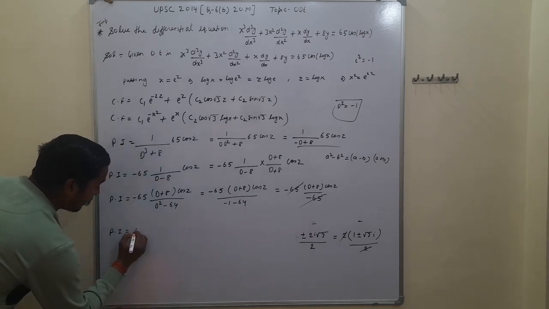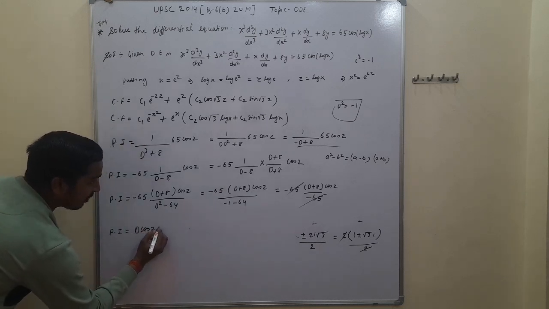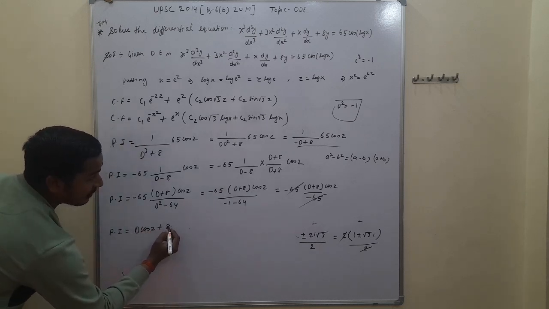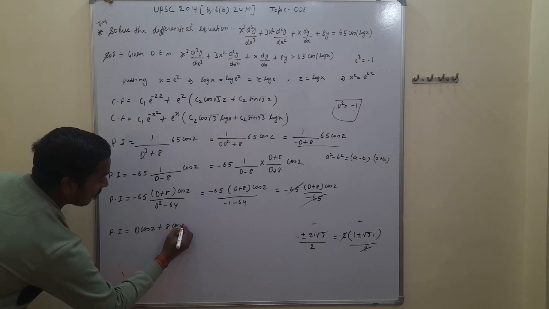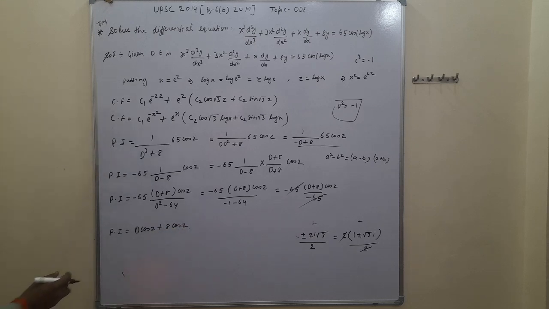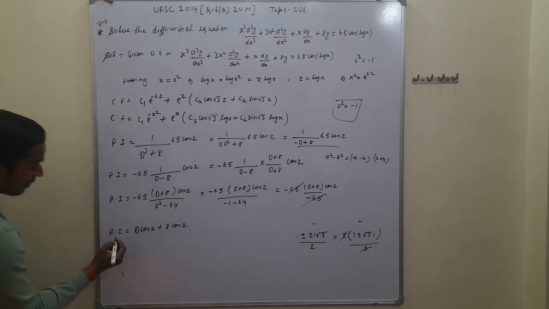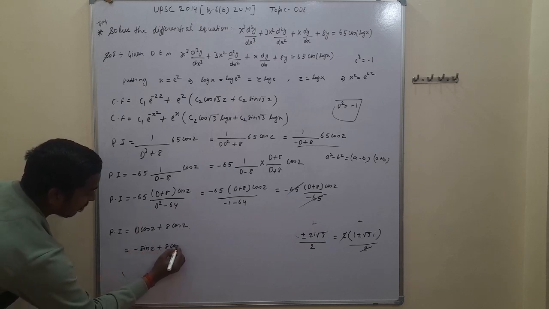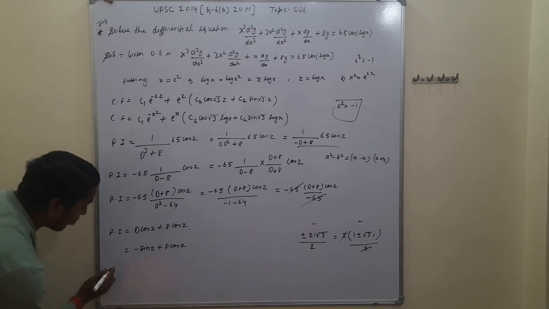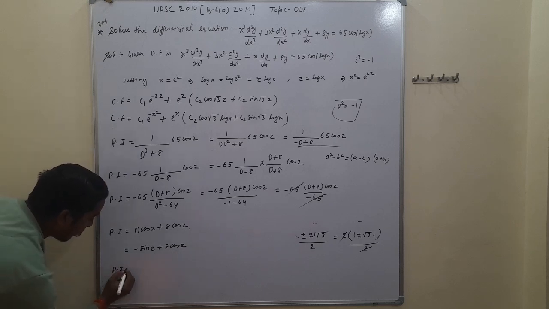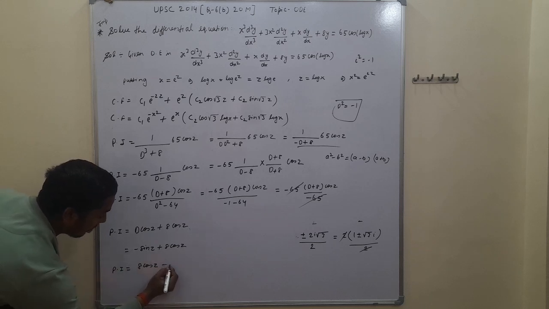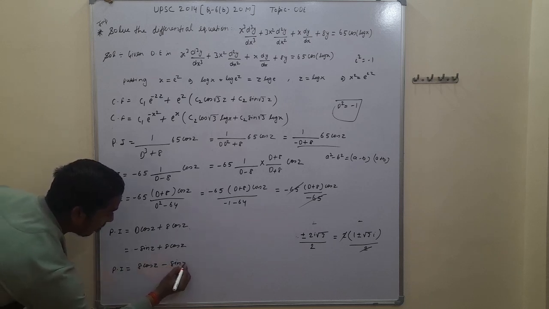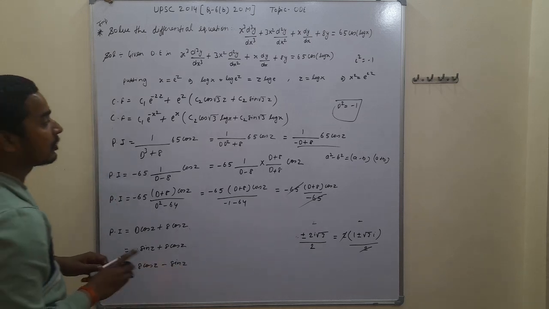We write d cos z plus 8 cos z, and differentiating cos z gives minus sin z plus 8 cos z. The particular integral is given by 8 cos z minus sin z, and we have to write the final solution.